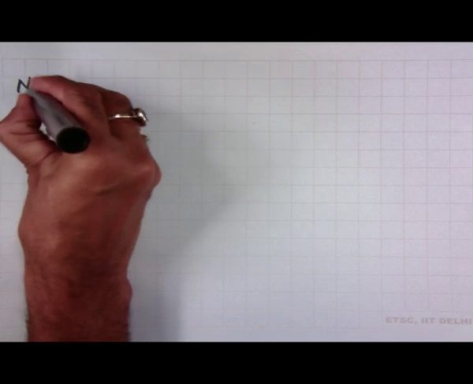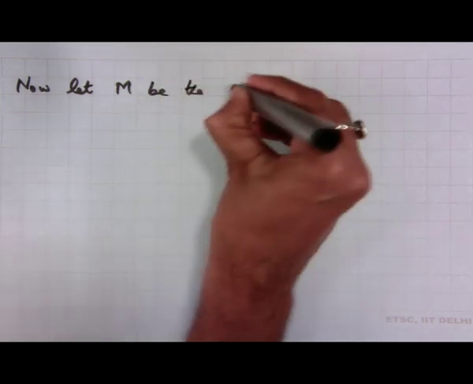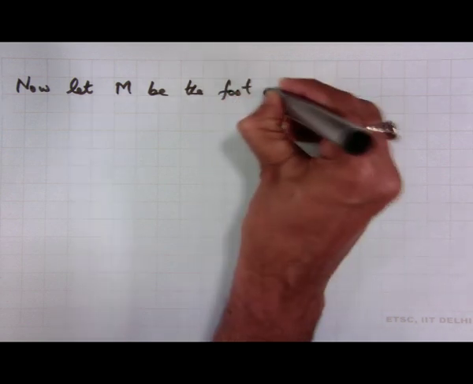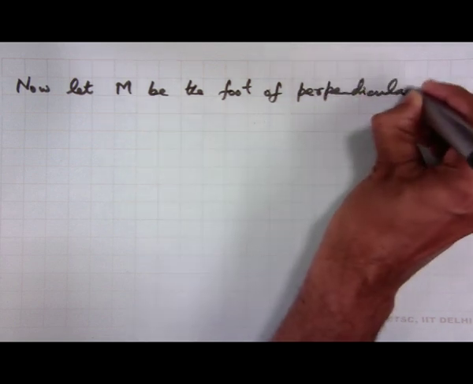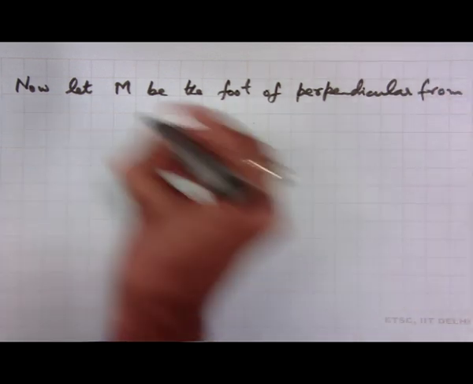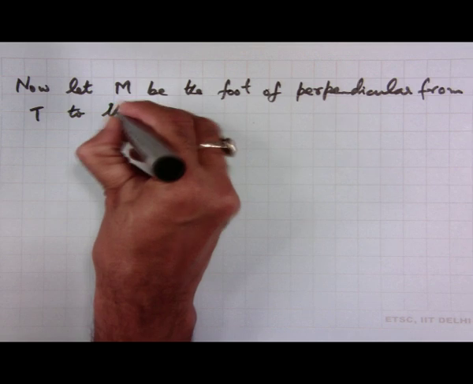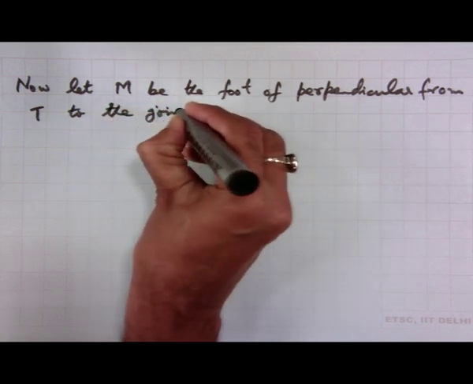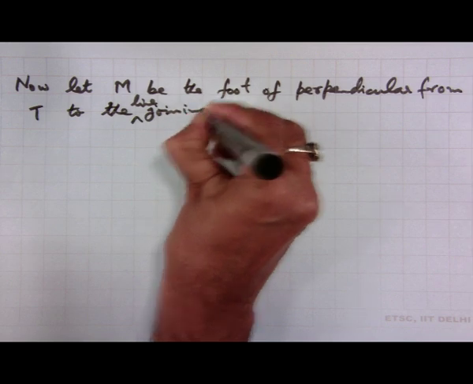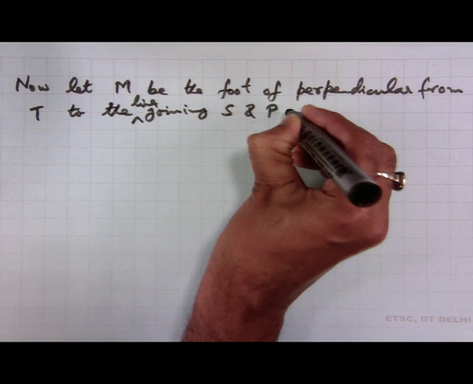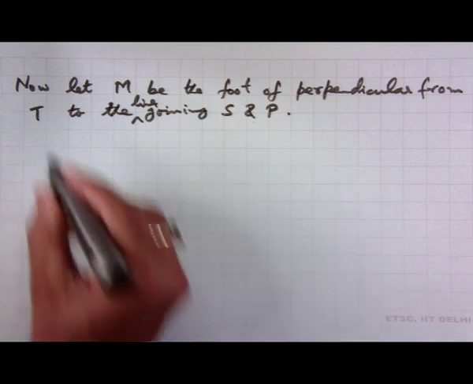Now, let M be the foot of perpendicular from T to the line joining S and P. Then what is the length of this perpendicular?